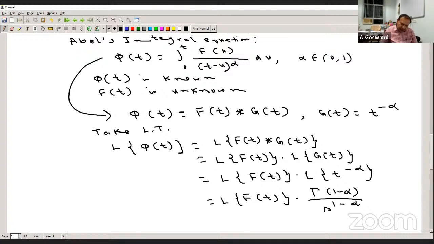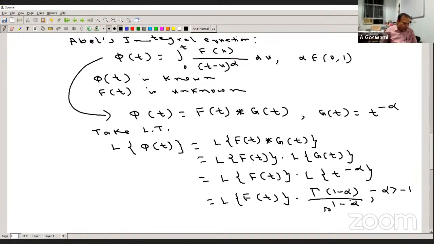Please note here that alpha belongs to (0, 1), which implies minus alpha is greater than minus 1. And from there, we have written the Laplace transform of t to the power minus alpha is gamma(1 minus alpha) divided by s to the power 1 minus alpha.